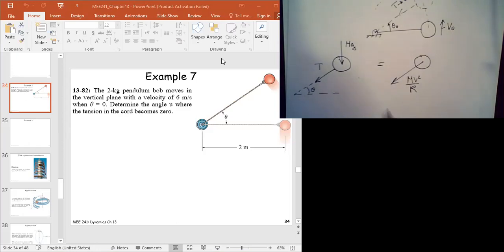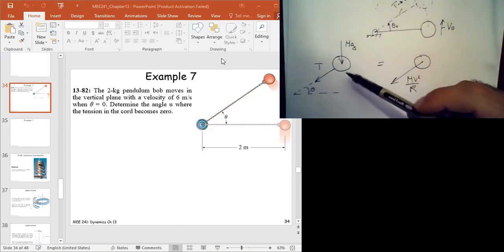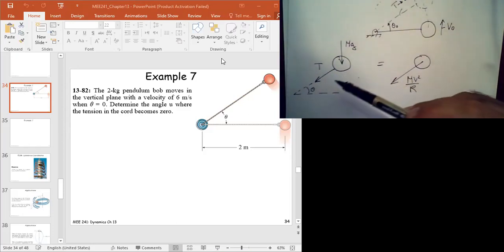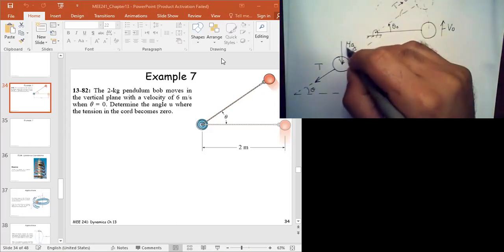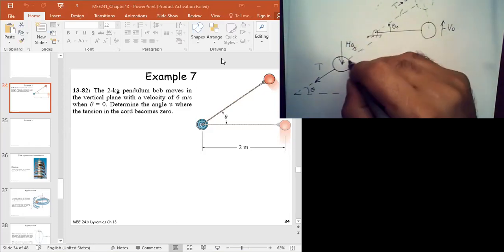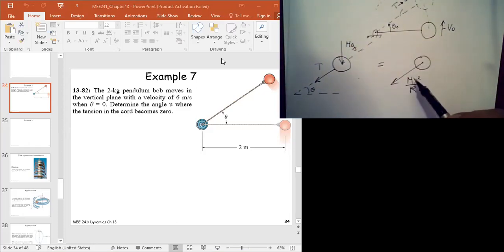So do I have any other acceleration on here or no? Okay, if we look into the relationship between the forces and the acceleration, this tension and this component of the weight along this direction will be equal to this.